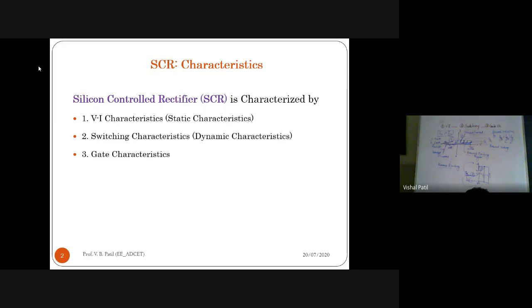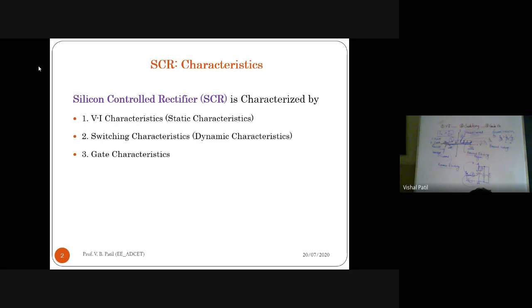If anybody asks you, for example in GATE or in MCQ type exams, where they mention static characteristics of SCR instead of VI characteristic, it means VI characteristic. And if they say dynamic characteristics of SCR, dynamic characteristics are nothing but the switching characteristic. Okay?